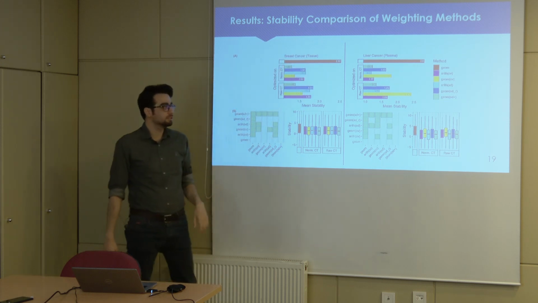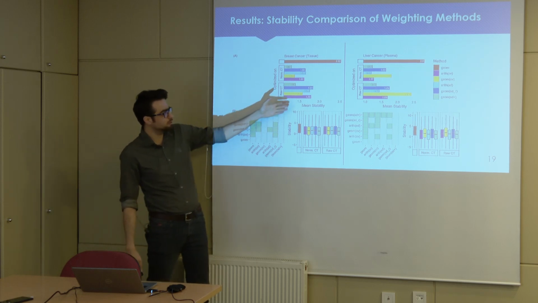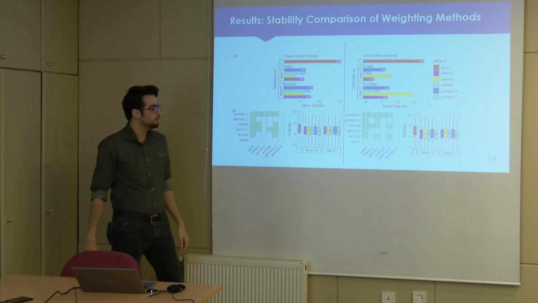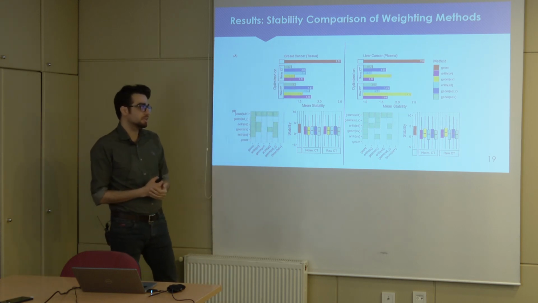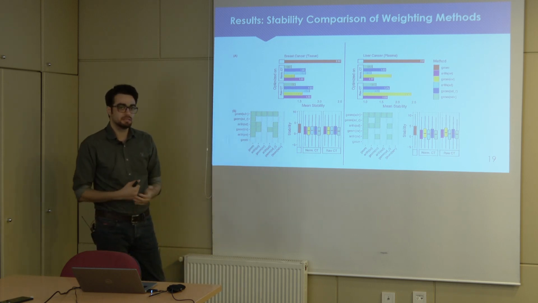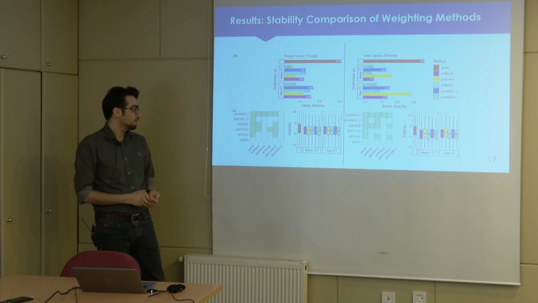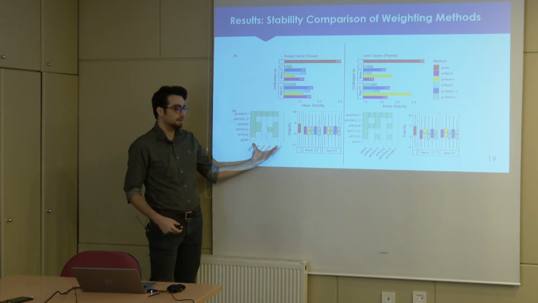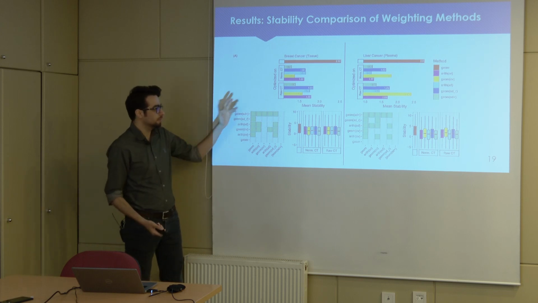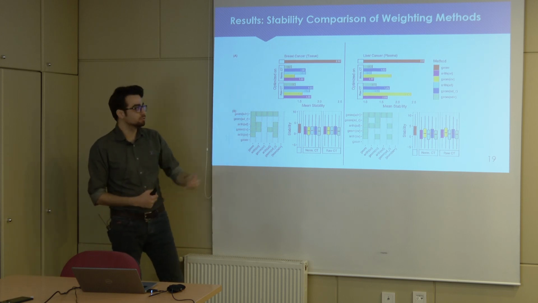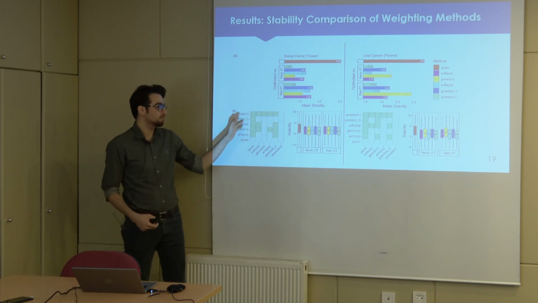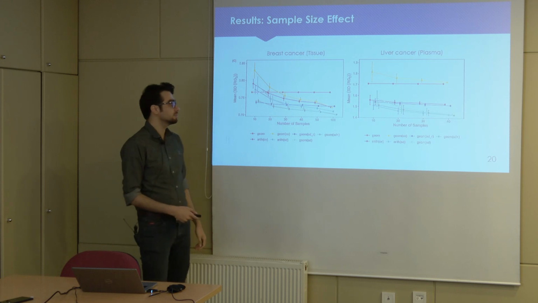The green one is the GeoMSD method. All the proposed methods are better than the conventional, but the best one is GeoMSD. And we think that it might be because of the feature that I explained, the independence of the technical variation. And this plus is just a statistical test, the Wilcoxon test, to compare each of these two weighting methods. And this shows that the GeoMSD is significantly better than other results.